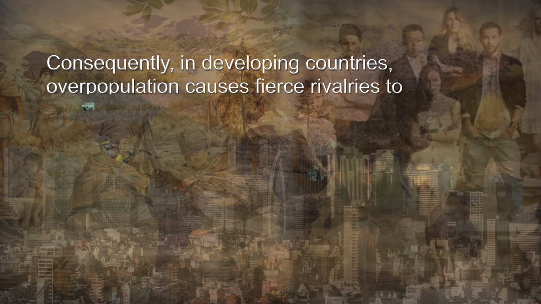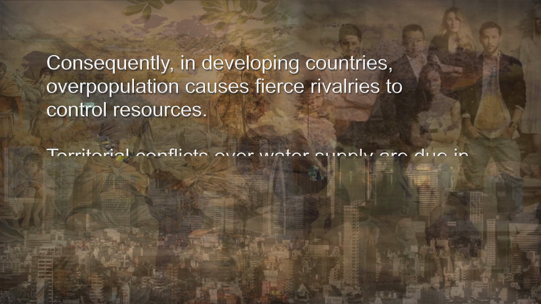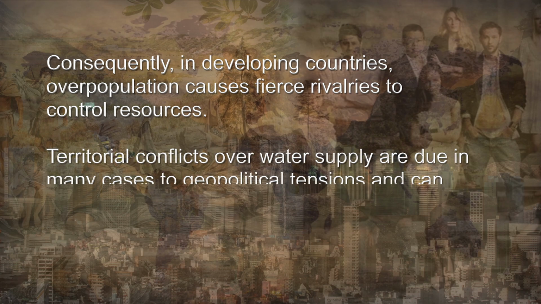The consumption of the resources at a faster rate than the planet is able to generate them is reached earlier. Consequently, in developing countries, overpopulation causes fierce rivalries to control resources. Territorial conflicts over water supply are due in many cases to geopolitical tensions and can end in war.